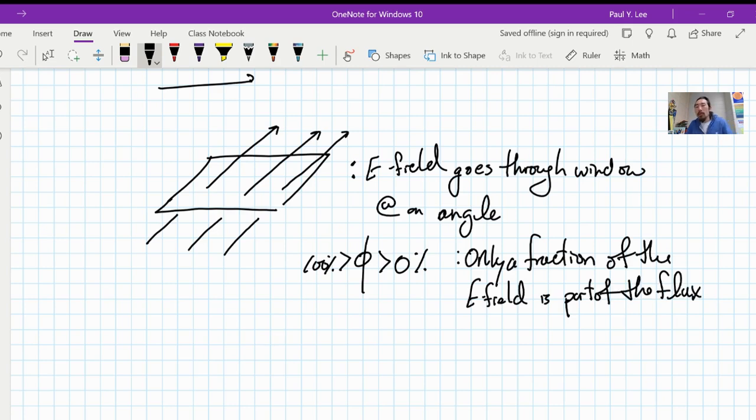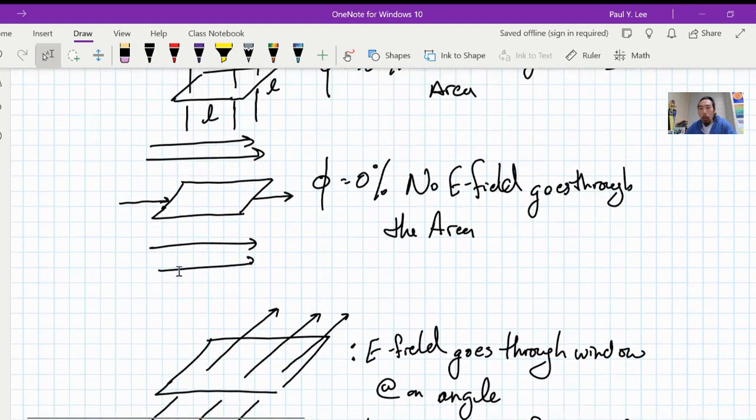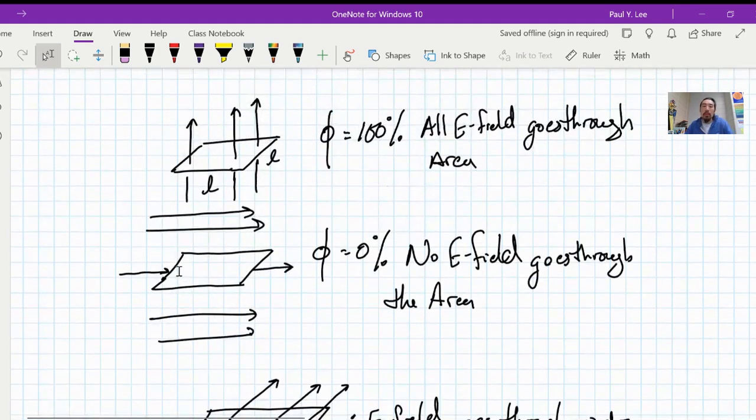Okay, hopefully you're seeing a pattern: in order for the E field to be considered part of the flux, there needs to be a specific orientation. You might be quick to think that the orientation, just visually, is perpendicular, and in that case you would be wrong. It's a little weird because of the way we describe the E field going through the window.